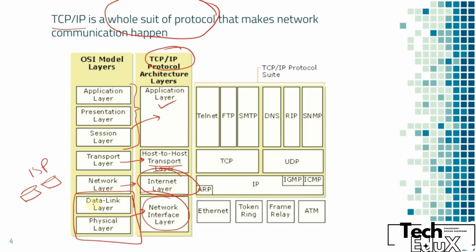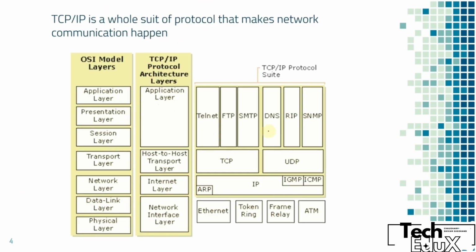First of all, before I proceed to the TCP and UDP explanation, TCP/IP is basically a whole suite that makes network communication happen. These are the OSI layers: application layer, presentation, session, then transport layer, network layer, data link layer, and the physical layer.